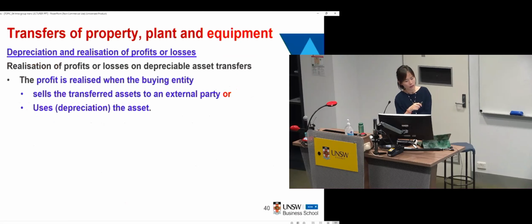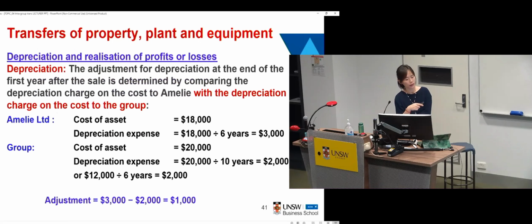Now you might notice that the profit will become realized once the item is sold to the external party or used through the use. But for PPE, most likely through use of the item by adjusting of depreciation. Okay? So Amelia recognized depreciation expense of 3,000 each year in its accounts.